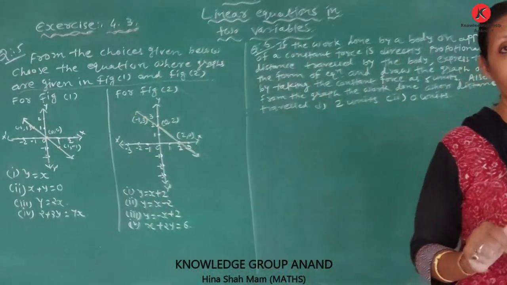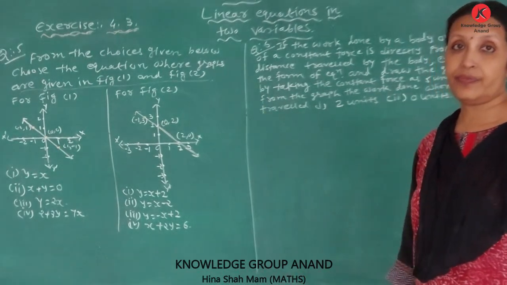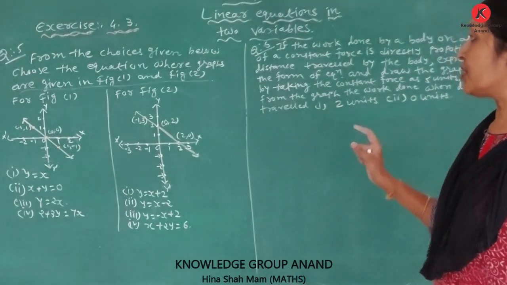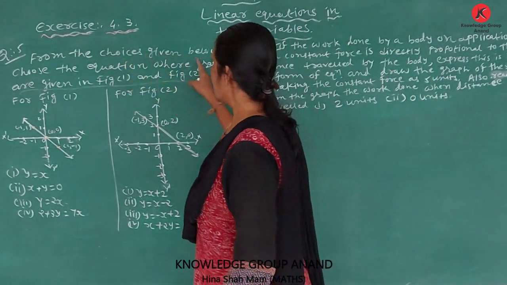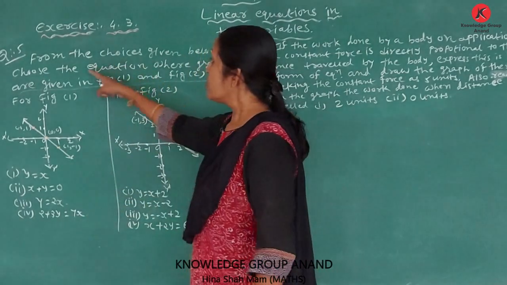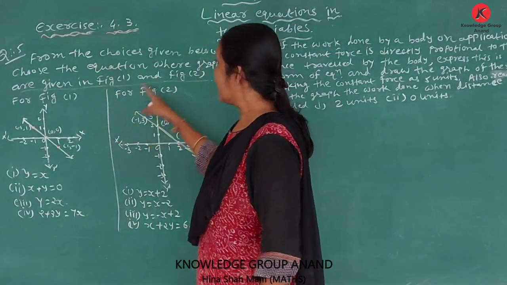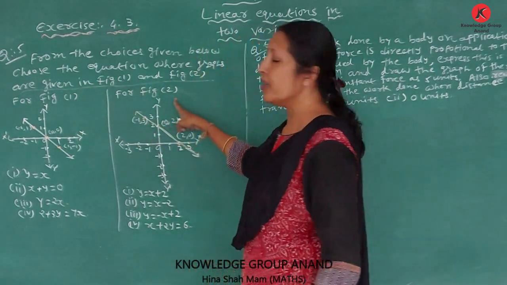We select which equation is valid for this graph. In this question, what is being asked? From the choices given below, choose the equation where graphs are given in figure 1 and in figure 2.